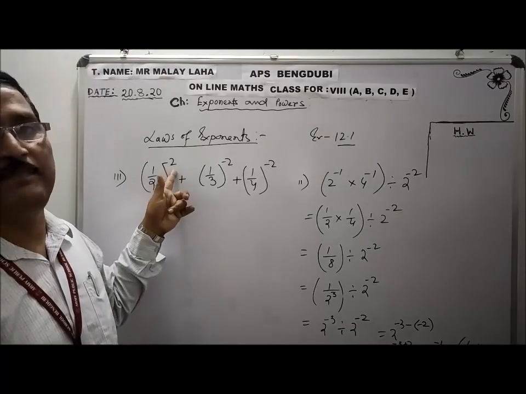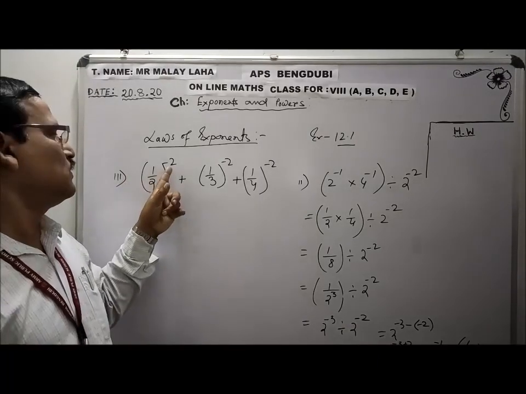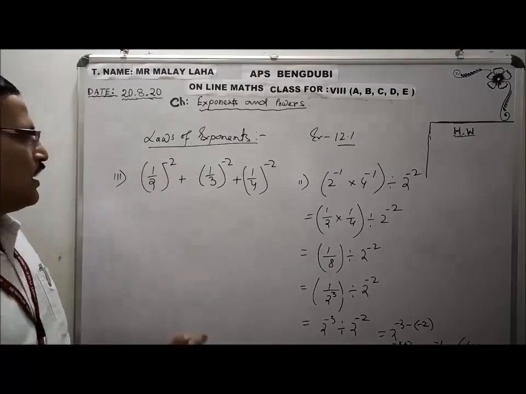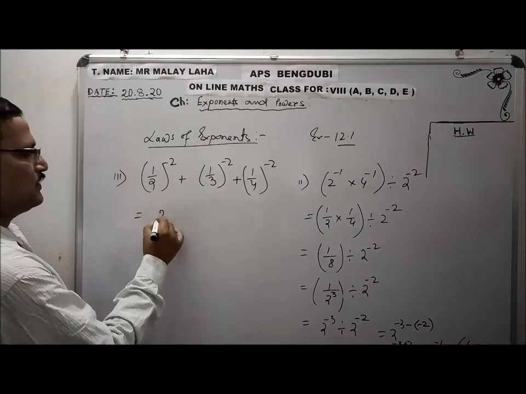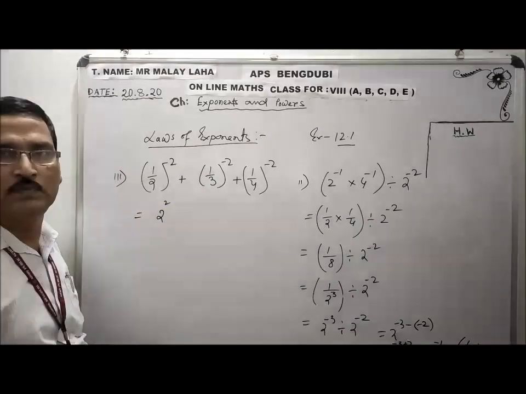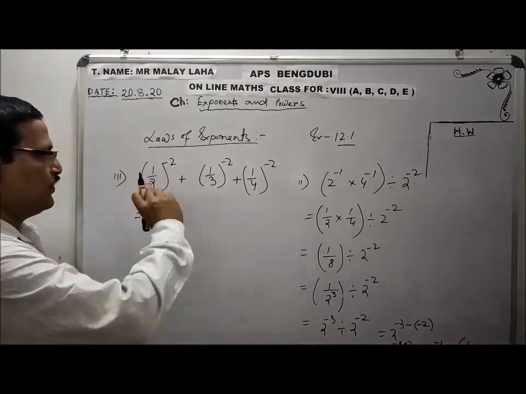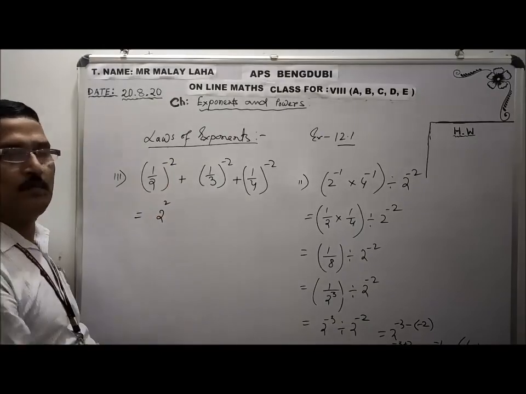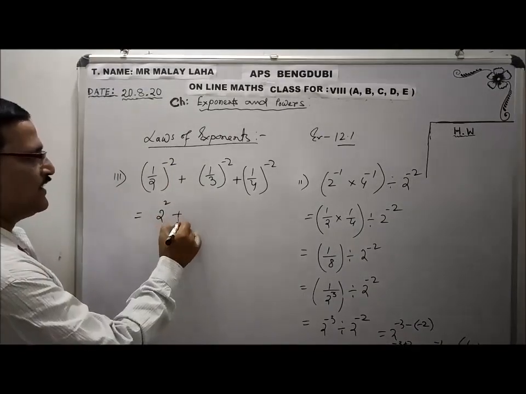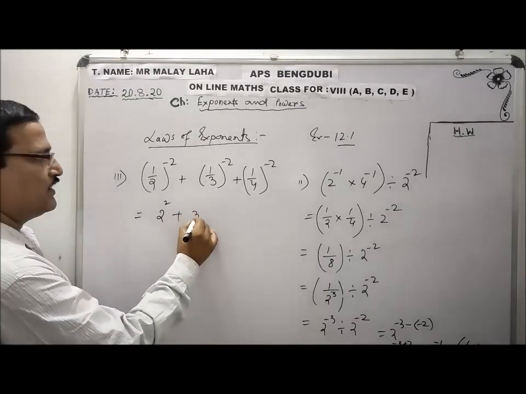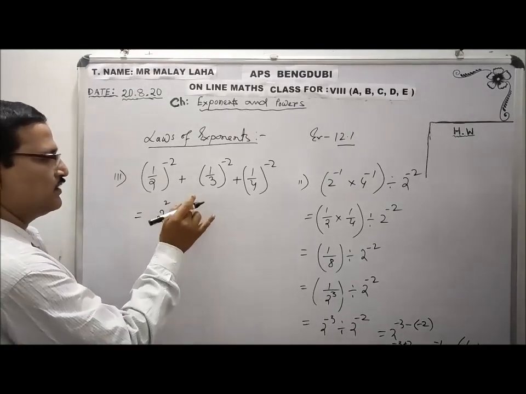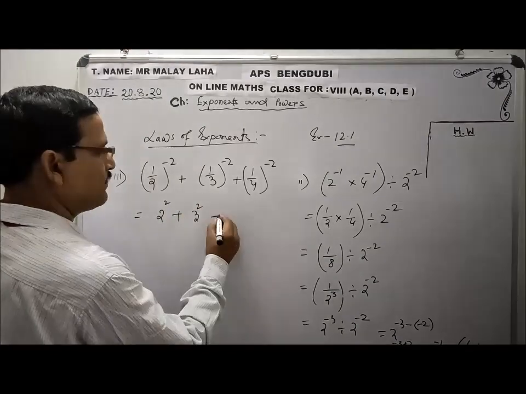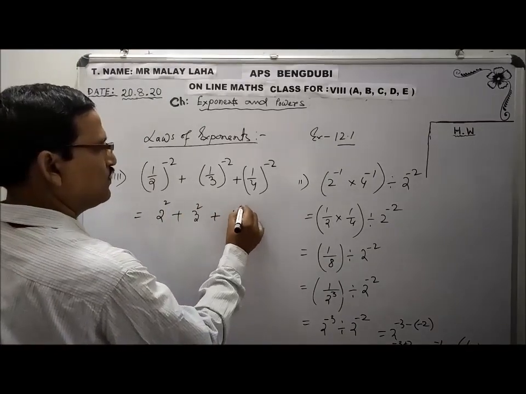We have to simplify individually. Negative power, I can make positive by reciprocating the base: 2 raised to 2. Any problem? When you reciprocate the base 1 by 2, the negative power becomes positive. Plus here also 3 raised to 2, and here also plus 4 raised to 2.